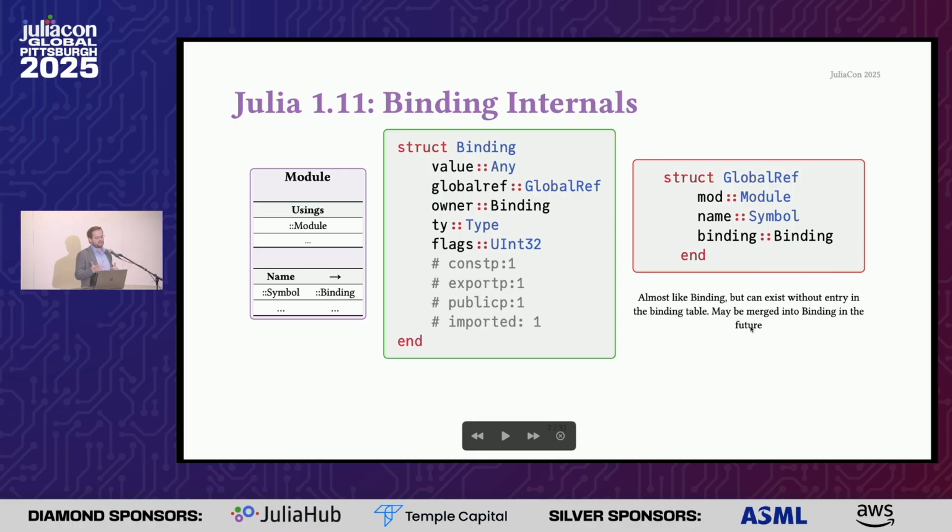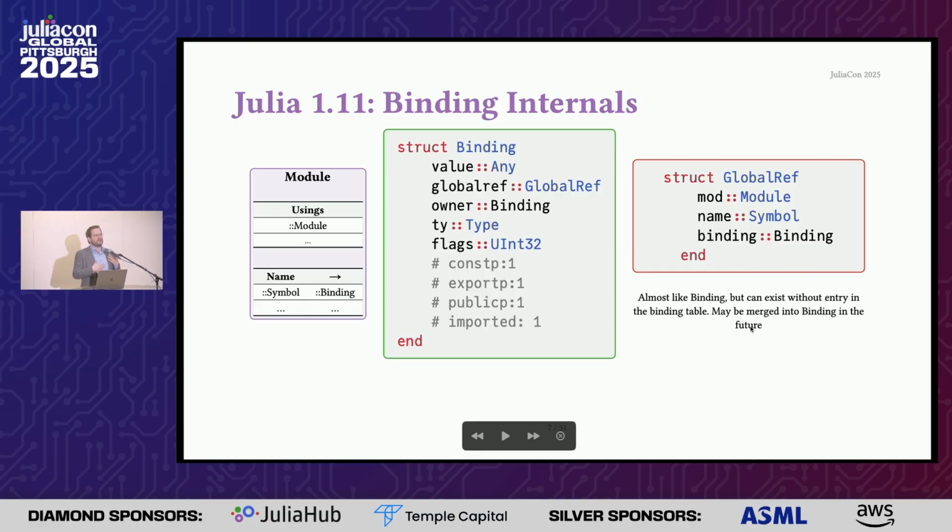But to understand what's different in Julia 1.12, I think we need to start with what used to be the design in Julia 1.11. So let's say we have some symbol in our program, and we want to know what it refers to. The first thing that happens is that lowering decides whether it's a local symbol or a global symbol. I'm not going to talk about lowering here. There were various talks at other JuliaCons and this JuliaCon on lowering.